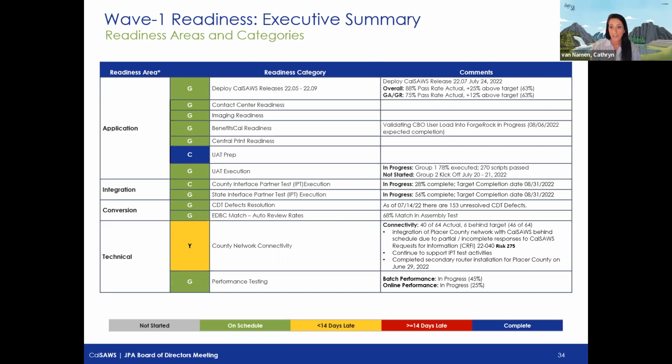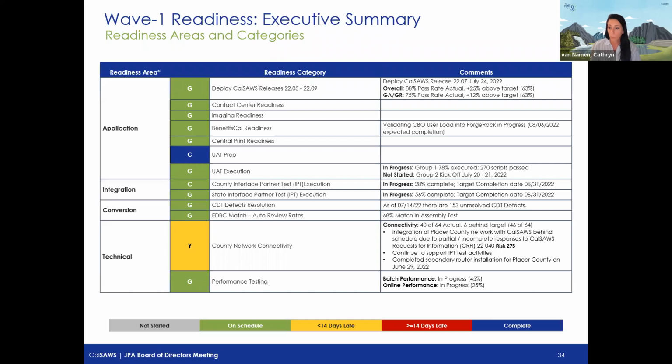All of those activities at this time are on schedule. Imaging readiness is another category that again is on schedule. There are no major delays. There are no delays, period, as those activities are on track and on schedule within the project.